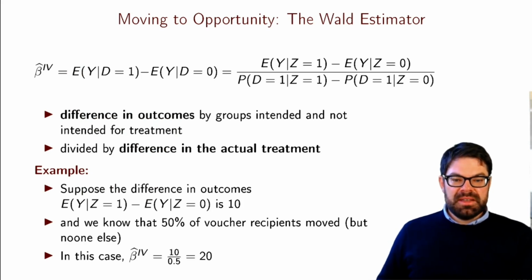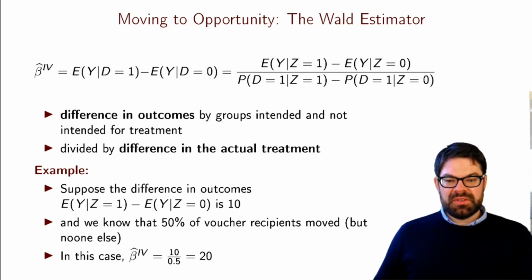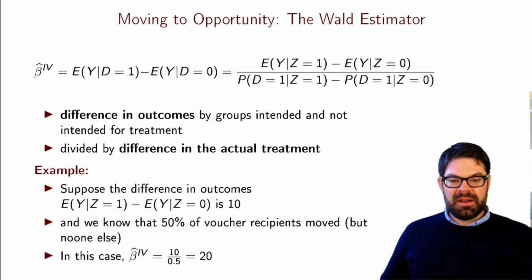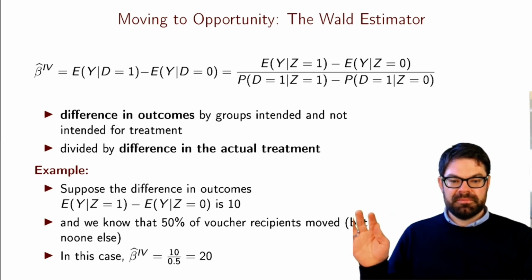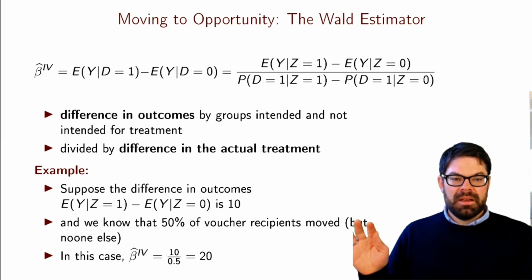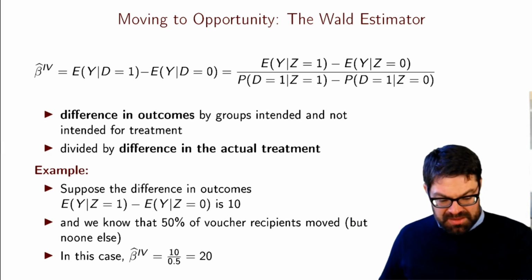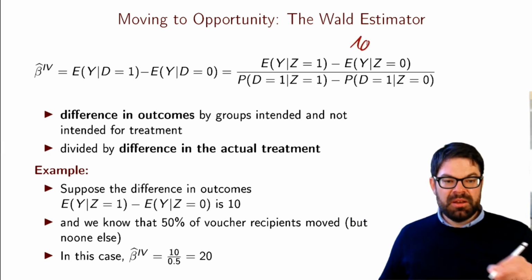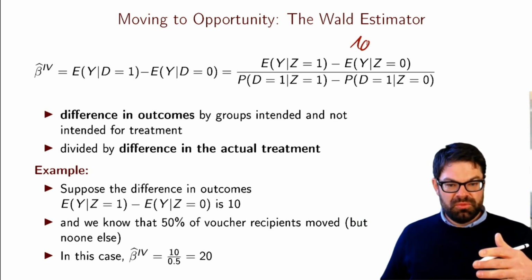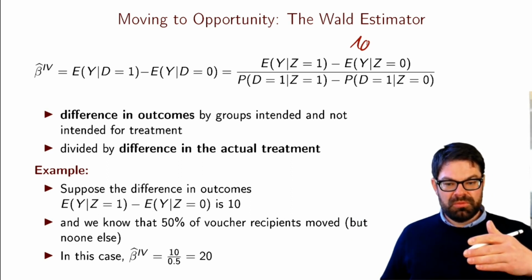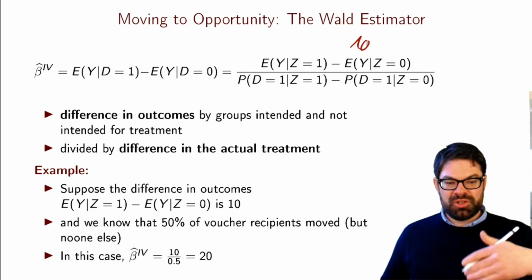So here's the example. So suppose that the difference in outcomes between people who received a voucher and who didn't is 10. Okay, so let that be 10. And we know that 50% of the people who received a voucher actually moved.